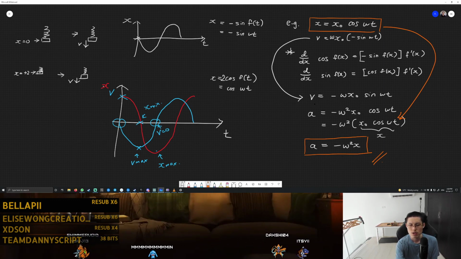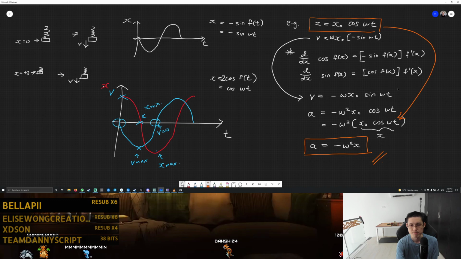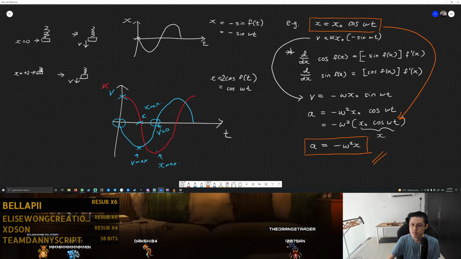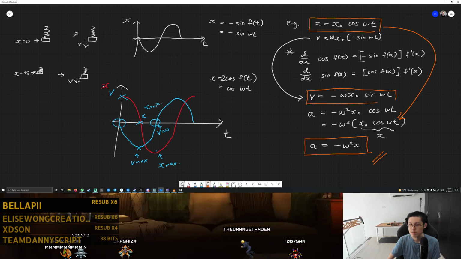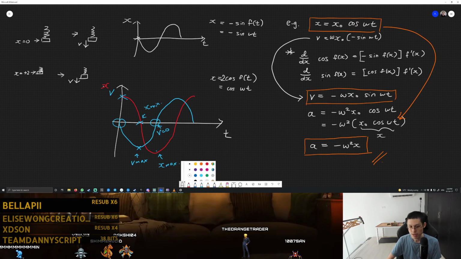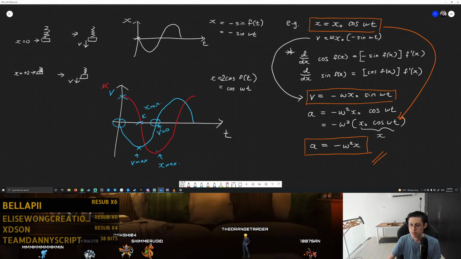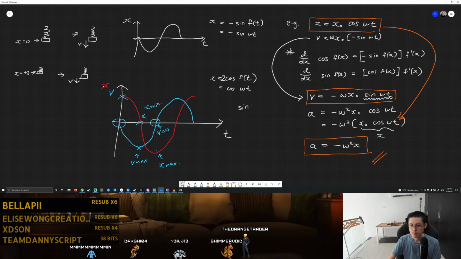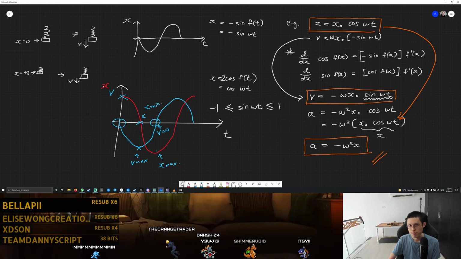What if I show you the velocity equation and I ask you to find the maximum velocity? What is it going to be? Well, the way you think about that is by looking at this part here. The range for sine omega t is anywhere between 1 and -1.